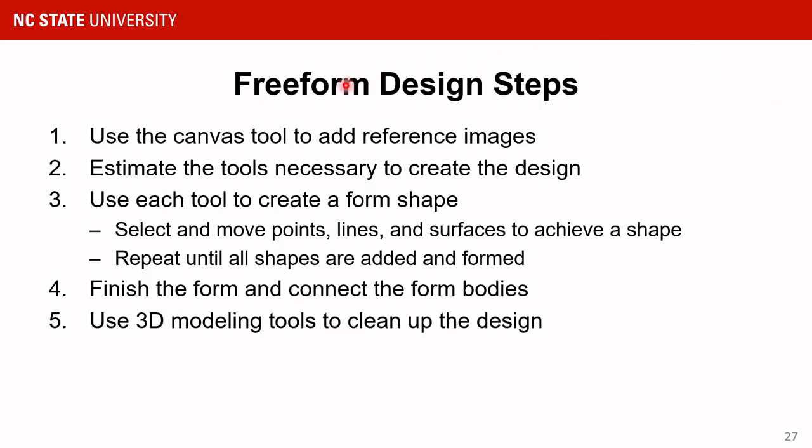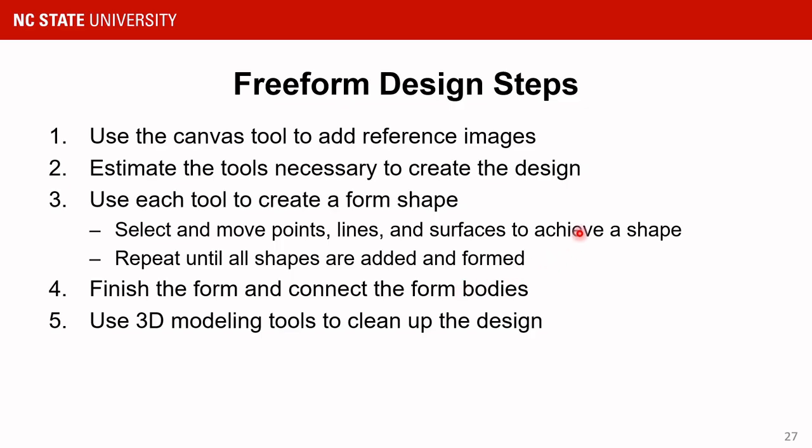So to summarize these freeform design steps, you can use the canvas tool to add in reference images, estimate the tools that you will need to create the design. For us, that was a quad ball and a pipe. Use each tool to create a form shape so we can select and move specific points, lines, and surfaces to achieve the shape we want. This is sort of a sculpting technique. And repeat until all of the shapes have been added and formed.